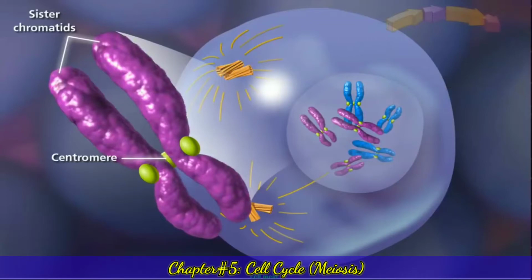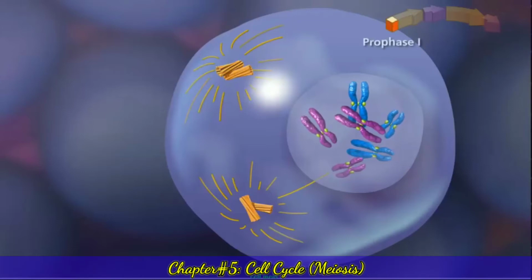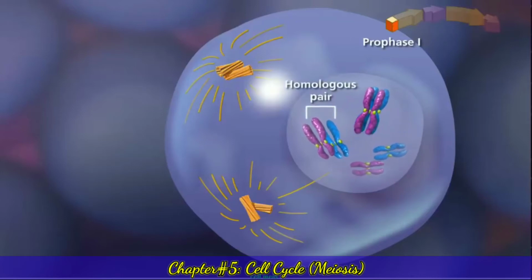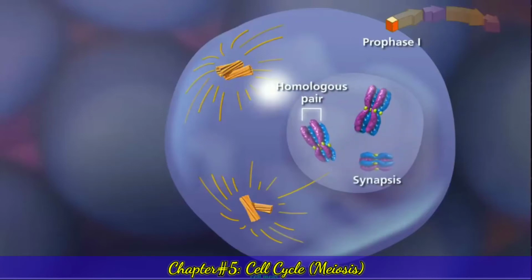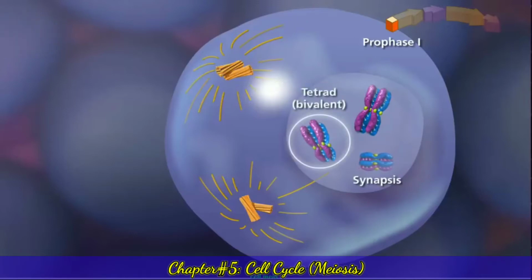Up to this point, the cell looks similar to mitosis, but 2 events occur in meiosis that do not occur in mitosis and lead to genetic diversity. The first event occurs during Prophase I, when homologous pairs of sister chromatids lie side by side in a process called synapsis, forming a tetrad or bivalent.